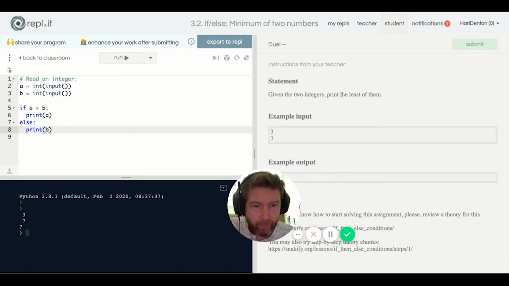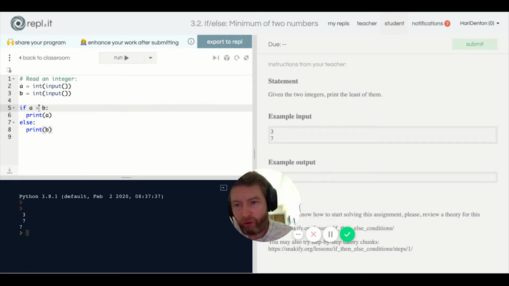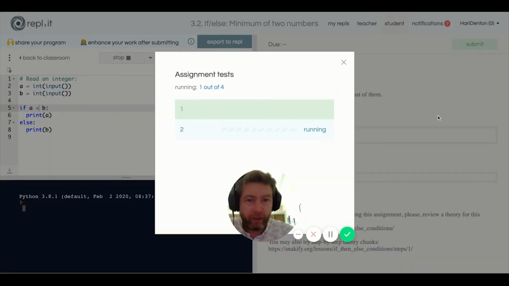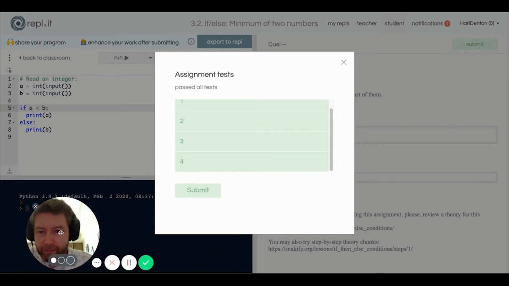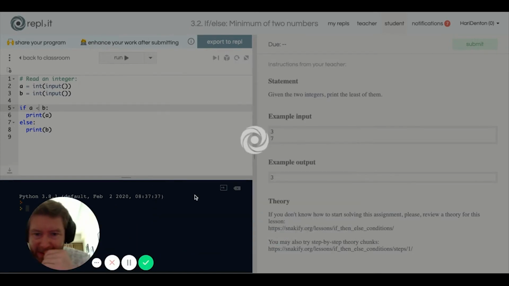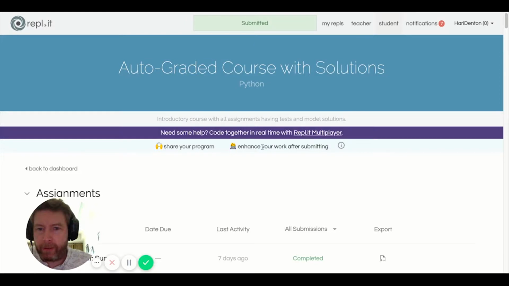Oh, print the least of them. I can't read. Never mind. The least is the smallest, not the greatest. Man, this messed up my speedrun. Never mind.